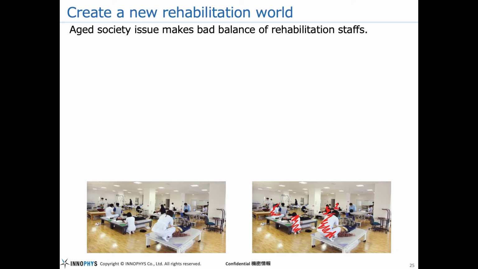So many people need rehabilitation, but fewer people provide it. There's a huge gap, and we think it's going to grow. So we would like to address this mismatch and solve this issue by making and helping new products in this segment. So here's what we are going to do in the future.